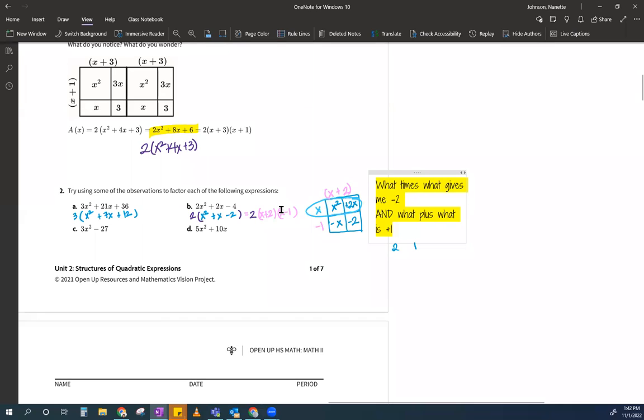This is everything. This is the answer. I factored everything. It's completely factored. Yes, absolutely. So I factored this, I factored this, I factored this. There's no more factoring. One of the mistakes that my students will do is they'll factor out a 2 and they'll be like, I'm done, Miss Johnson. Or they'll factor out a 2 and then they'll forget this 2 right here.